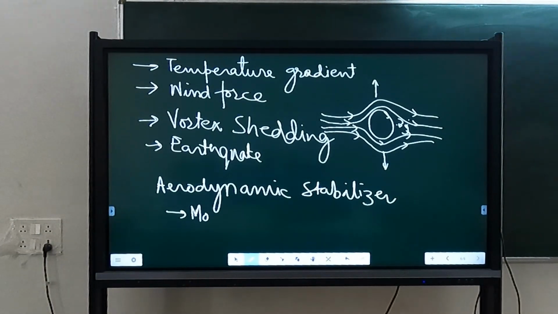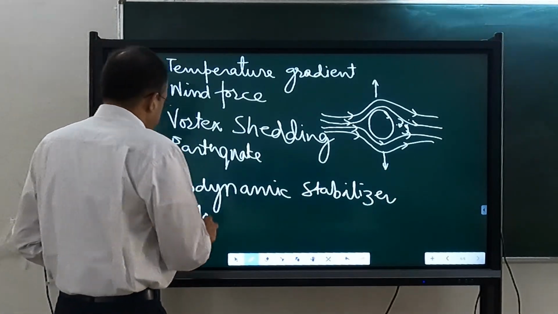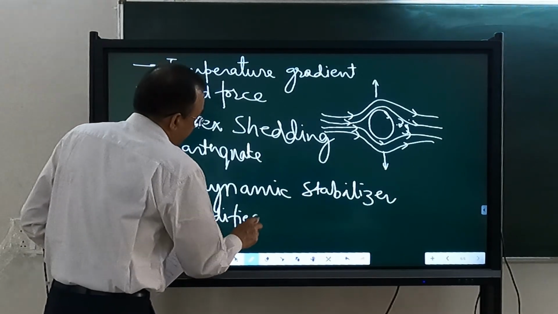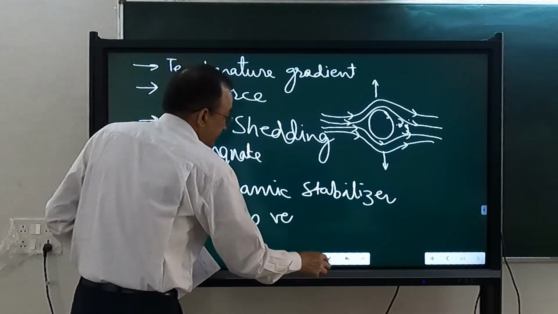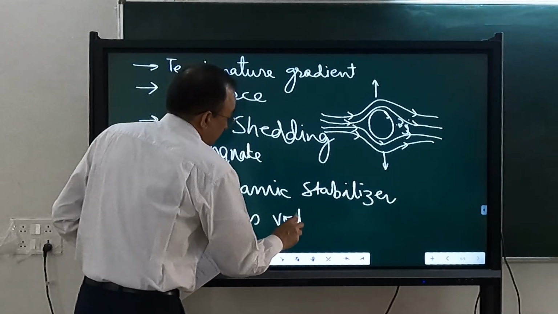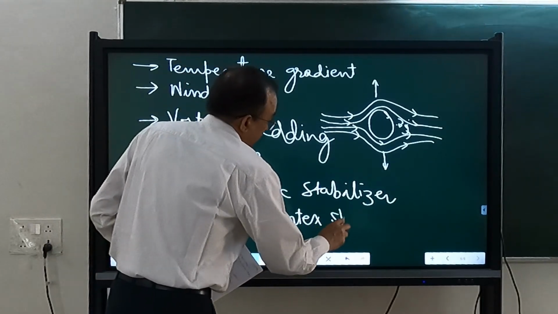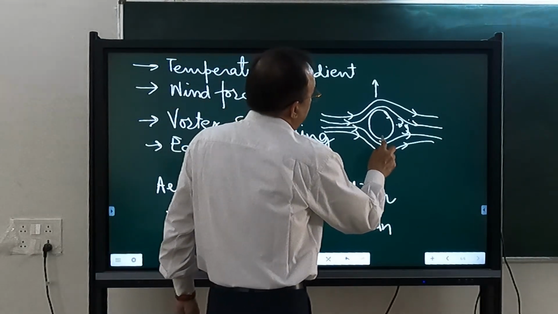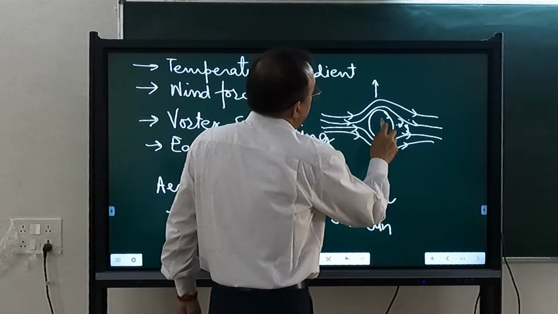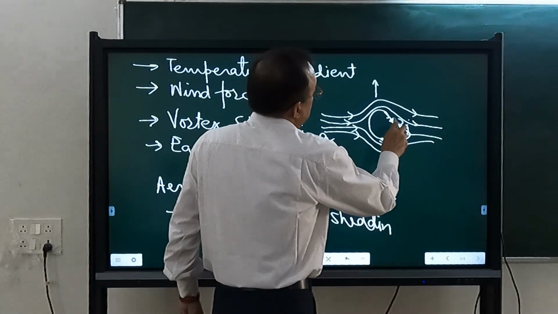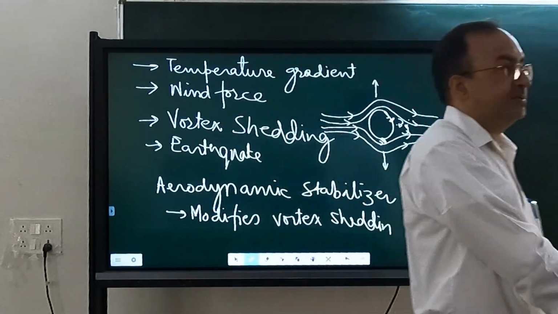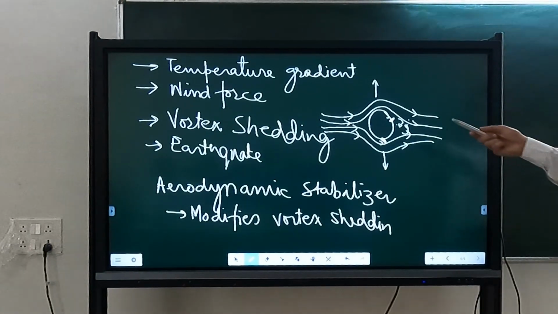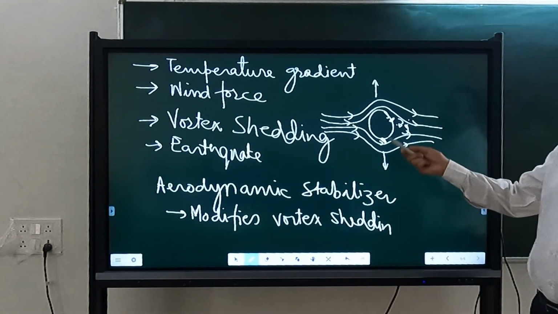So this aerodynamic stabilizer modifies vortex shedding. You just have to provide this simple roughness, some disturbing element, due to which this laminar flow gets disturbed, and you provide it asymmetrically.